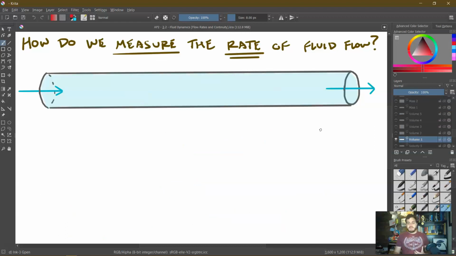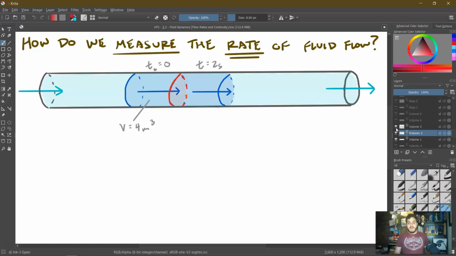So let's go back to this same pipe again, but now let's say we're looking at one particular volume of fluid inside the pipe. So we'll say this is a volume of 4 meters cubed, and this is at time t naught equals 0. And at a later time, we could say this entire volume here has passed this red point.